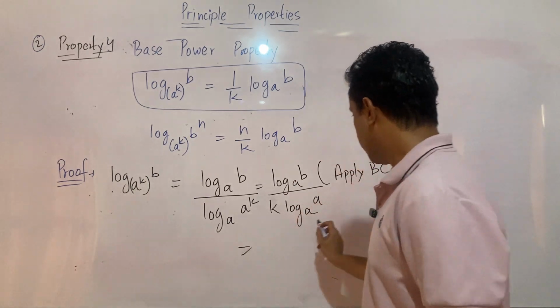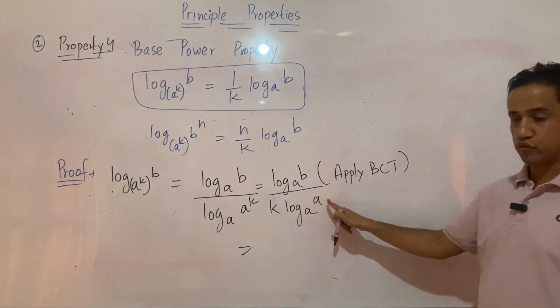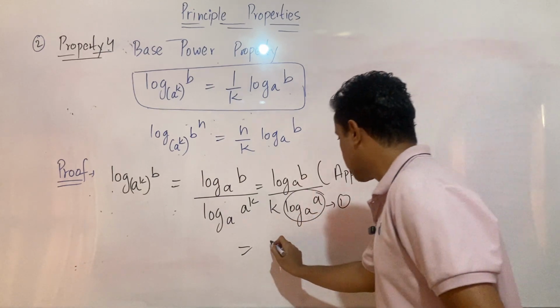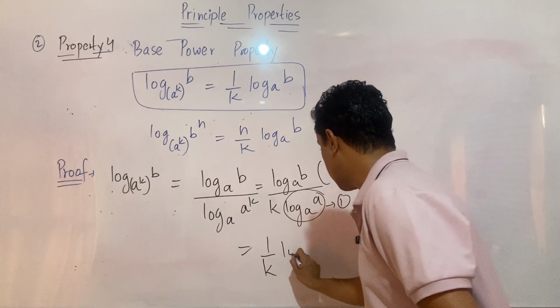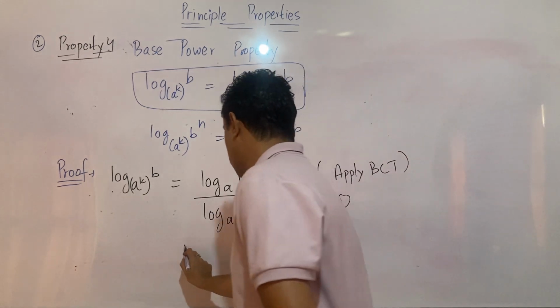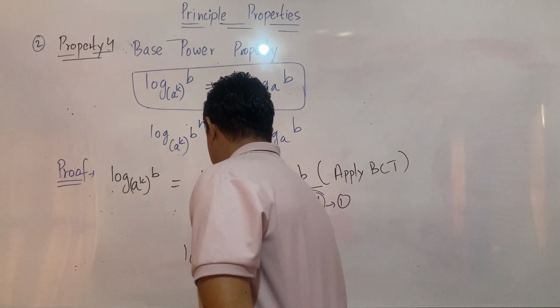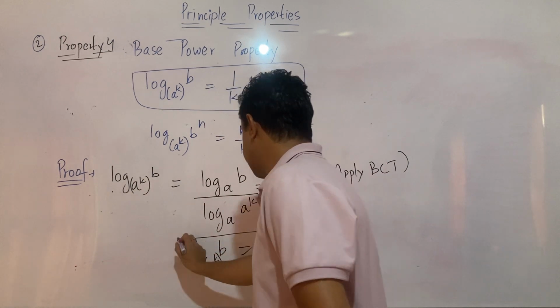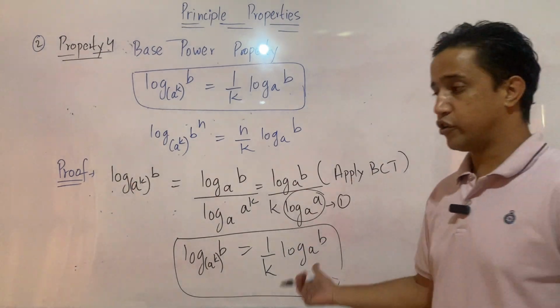Now log of a to the base a is 1, right? So it's going to be 1 by k log of b to the base a, which is log of b to the base a raised to k. So this is the proof. That's how you have to do it.